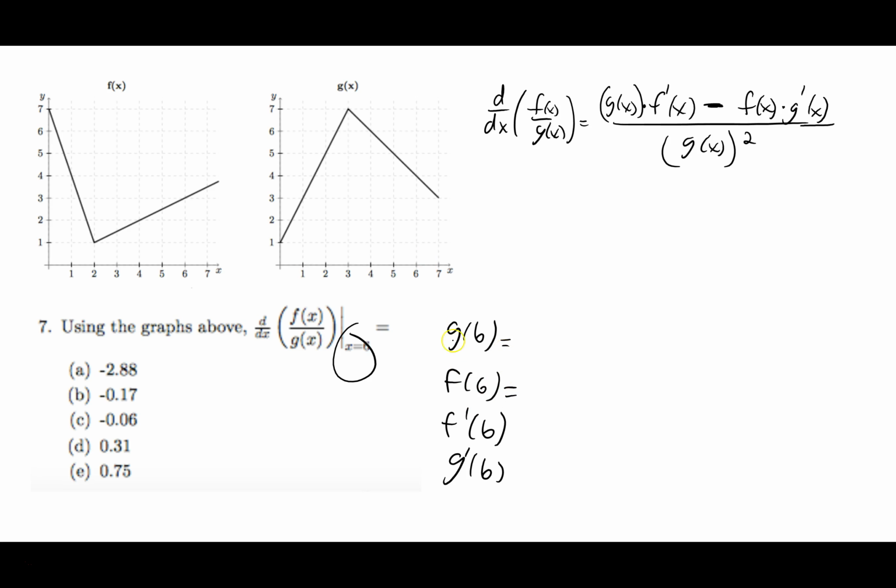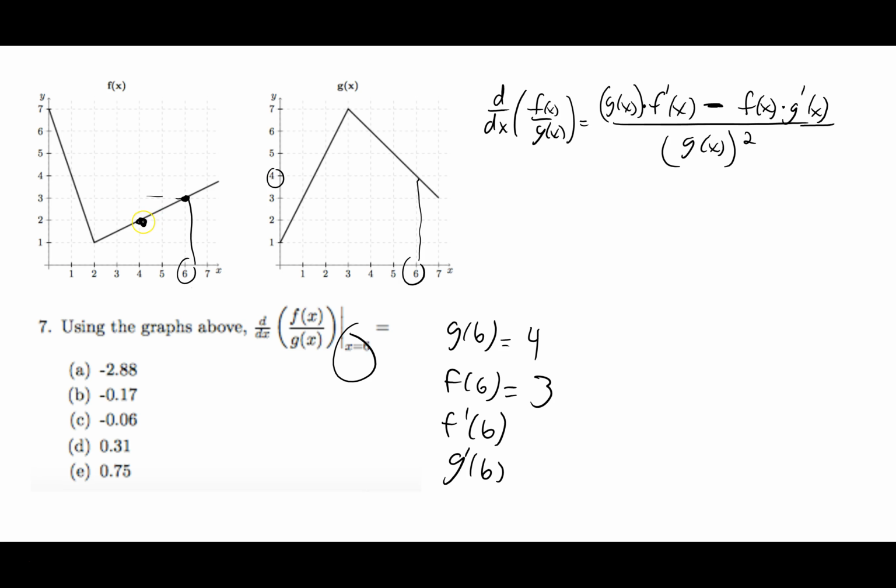So f of 6 and g of 6 are easy to get. They're just the y values. So g of 6 is a 4. f of 6 is a 3. And now we need the slopes there. And so what's the rise over run? Find the corner point.